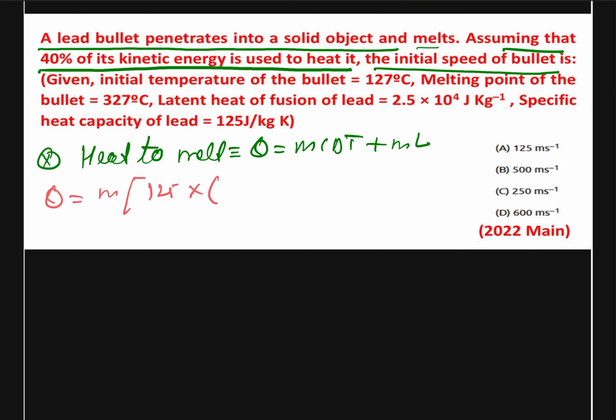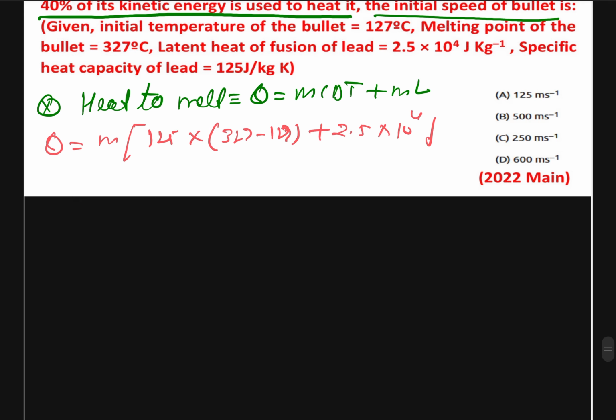So this comes as 327 minus 127, and plus latent heat is 2.5 into 10 to the power 4. Therefore, we get that our value of Q is equal to 50,000 times M.